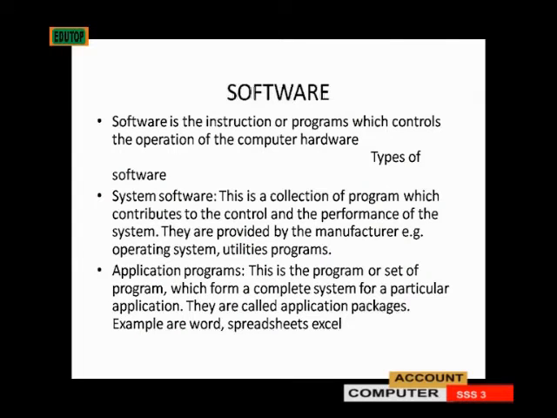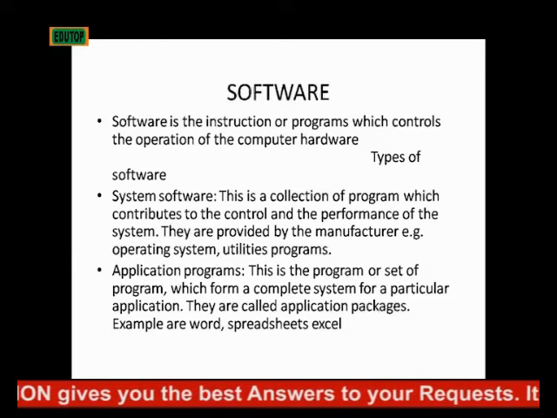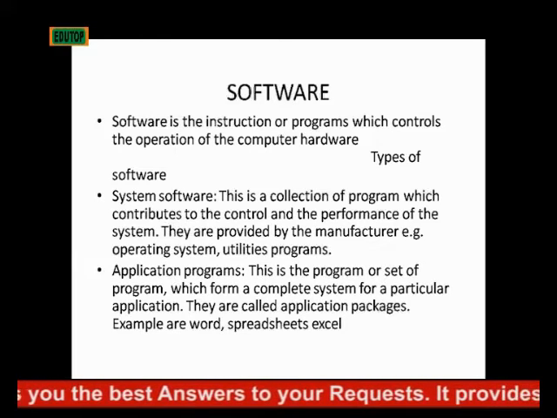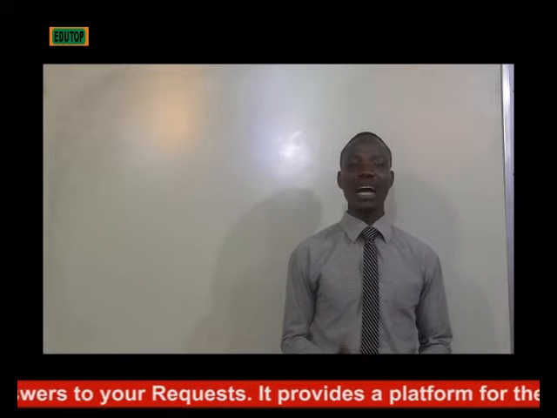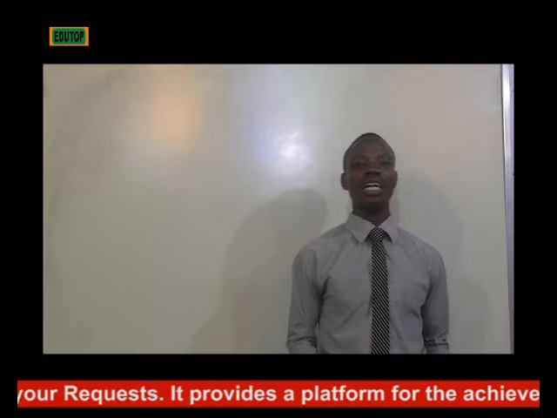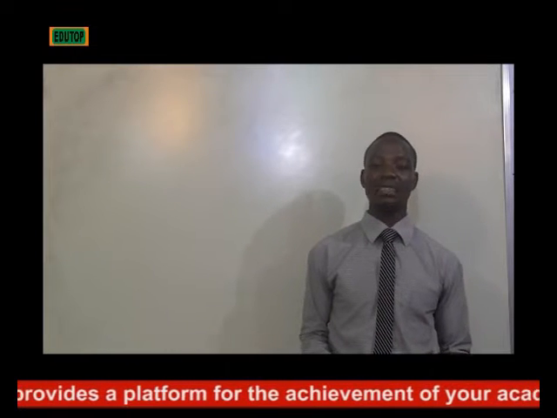So they are called application packages. And what are the examples? We have Microsoft Word. The work of Microsoft Word is to type letters and make letters very neat. It is only meant to type letters, to write correspondence and the like.